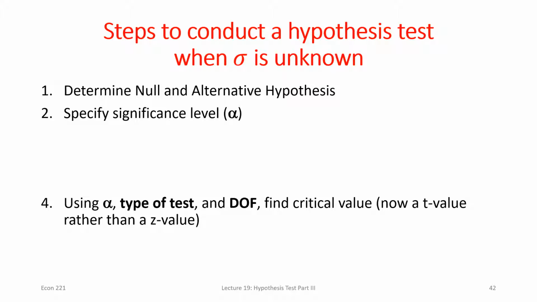Now, when I only have a sample variance and don't know the population variance, I'm going to have to use the student t-table, so there'll be t values instead of z values. I still find them the same way. They're still the values that give me alpha in whatever tail I'm looking at, right? And it's still a right-tailed test, positive critical values; left-tailed test, negative critical values; two-tailed test, pairs of critical values, remember? We'll make sure we do a two-tailed example here soon.